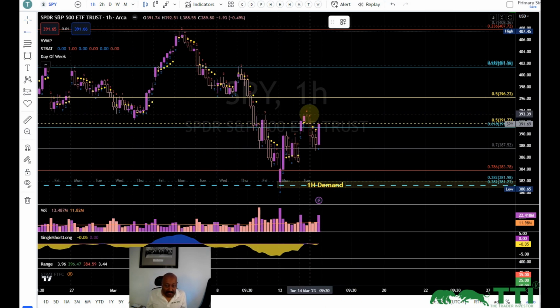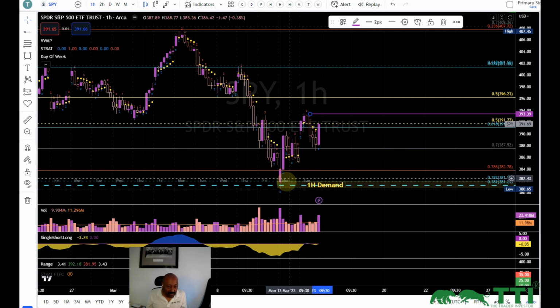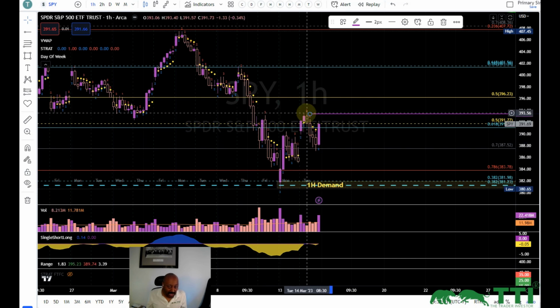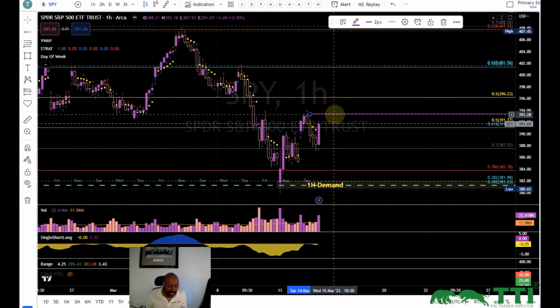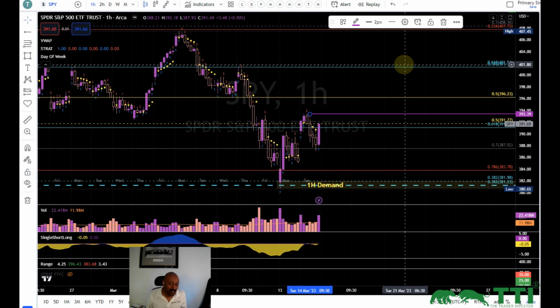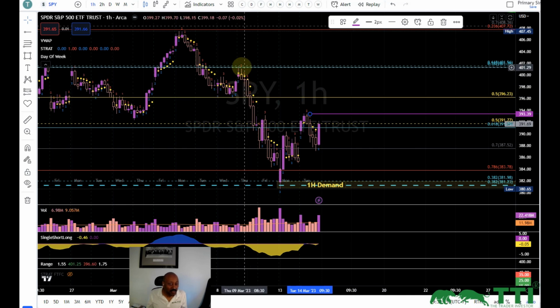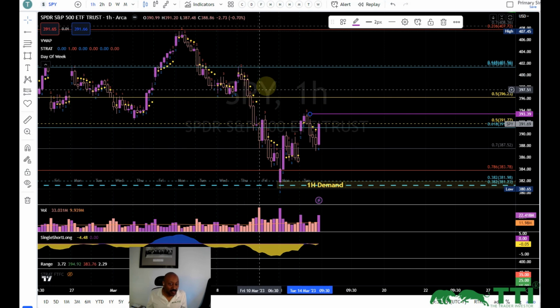If I break above this line here, because it's higher low, higher high, higher low, another higher high, if I break above this, I'm going to take a trade to the upside. But I'm going to be very conservative, and I'm not going to go for a full 2x target. I'm just going to go for a target somewhere here.